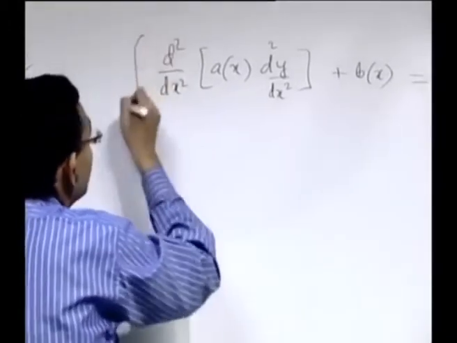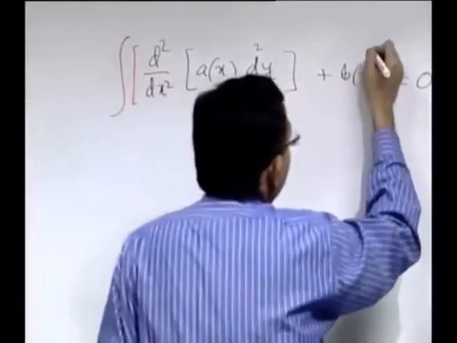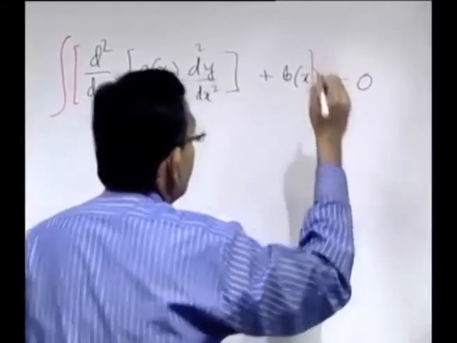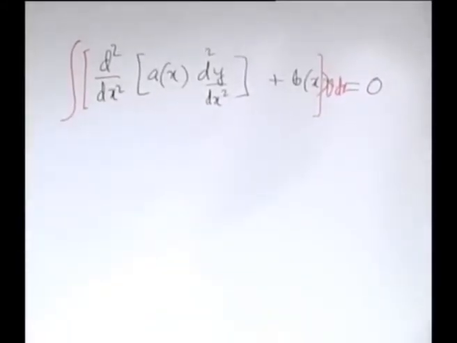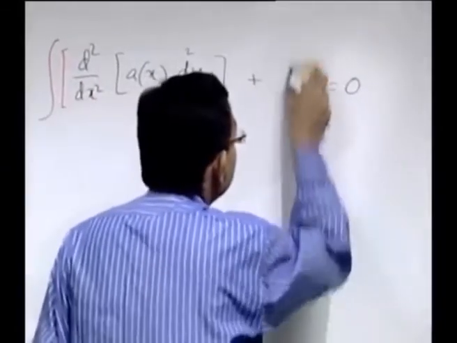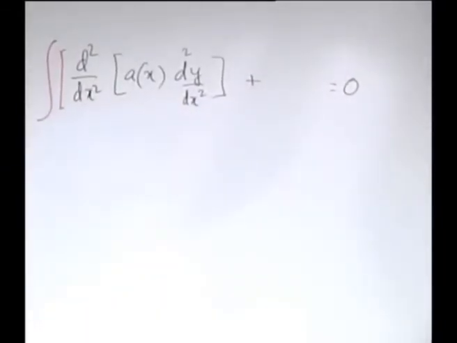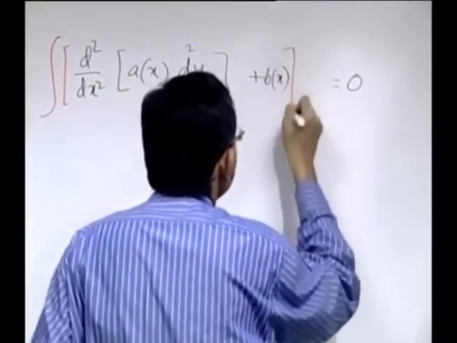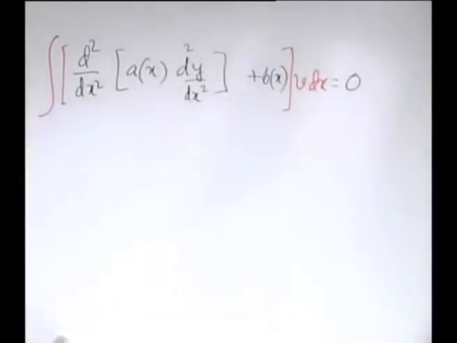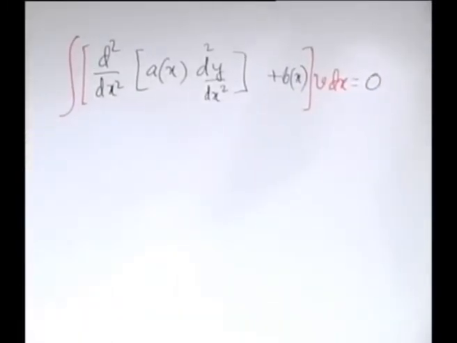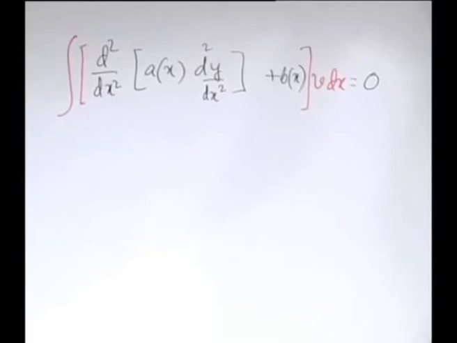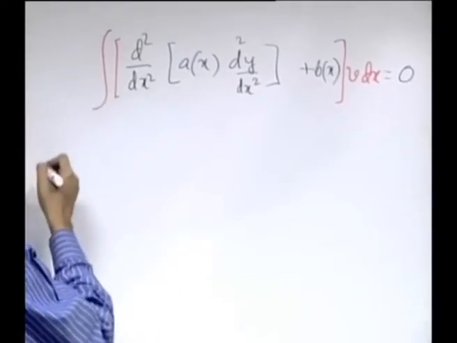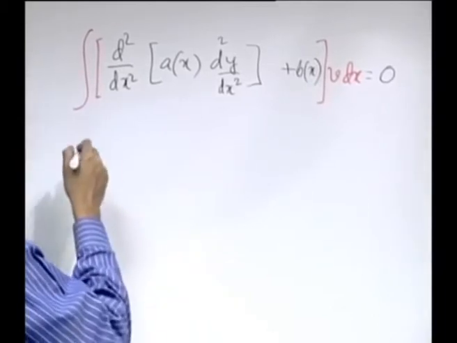So, we will integrate it by multiplying with V over the domain. Next, what will we do? We will integrate it by parts. Let us do it quickly, because we know how this needs to be done.